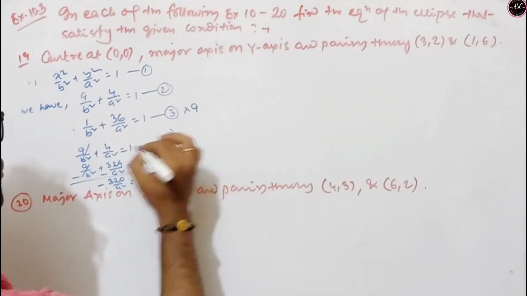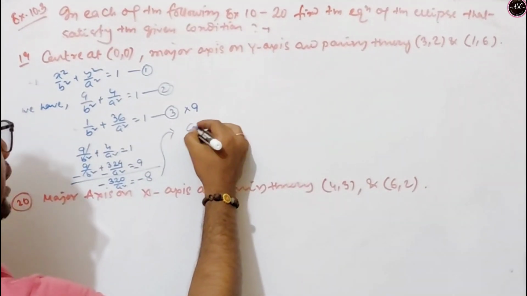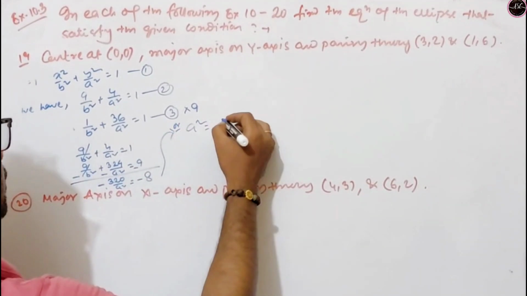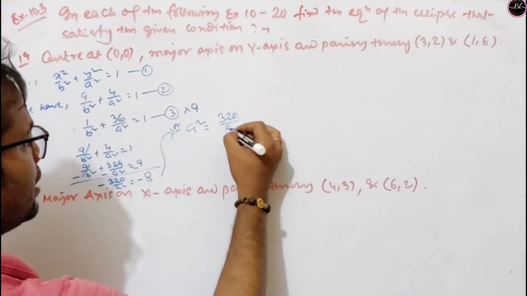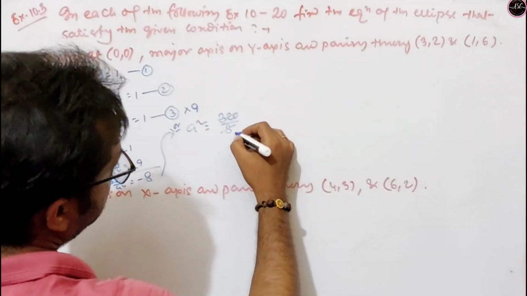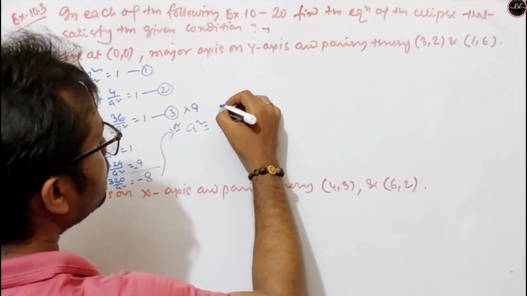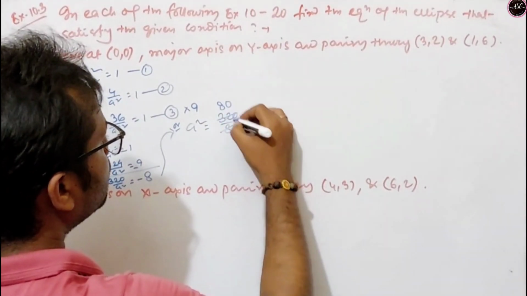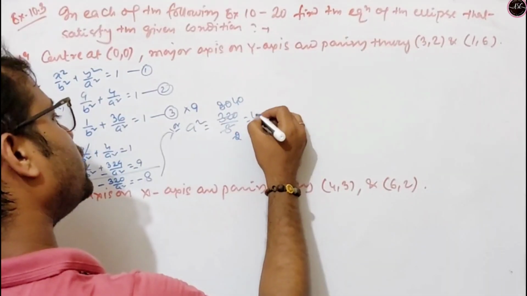So a square equal to 320 divided by 8, a square equal to 40.